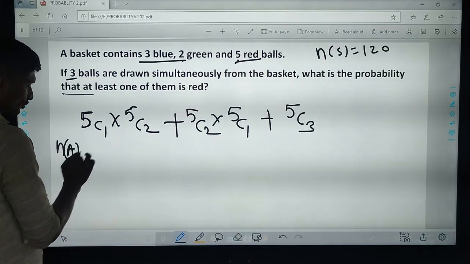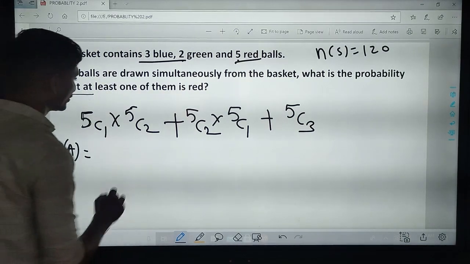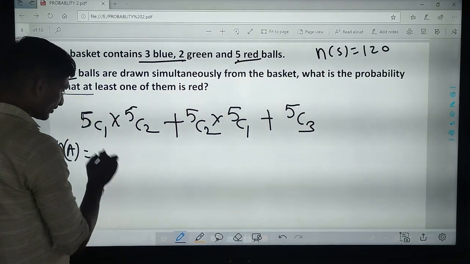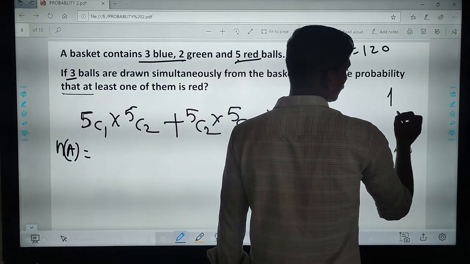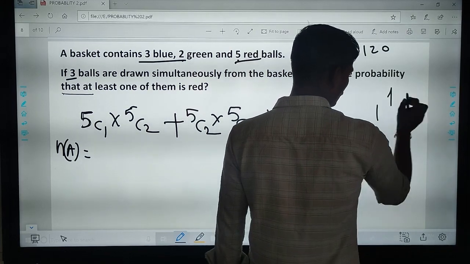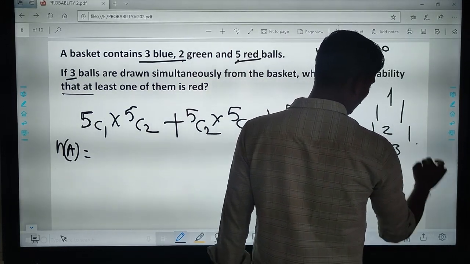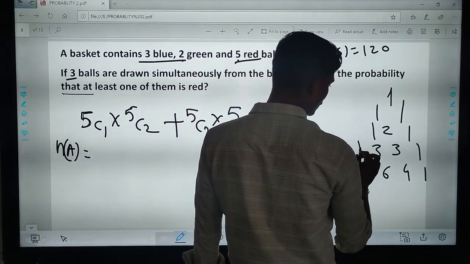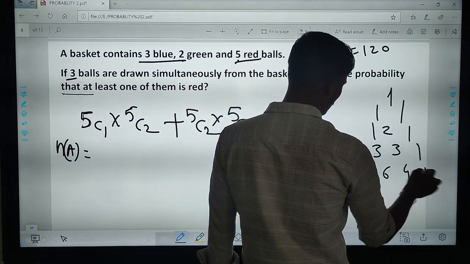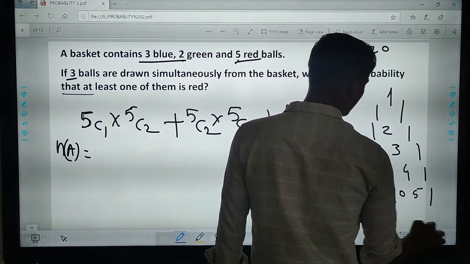n of A is equal to 5C1 into 5C2, plus 5C2 into 5C1, plus 5C3. Now here to find 5C1, we directly write the values from Pascal's triangle: 1 1, 1 2 1, 1 3 3 1, 1 4 6 4 1, 1 5 10 10 5 1.